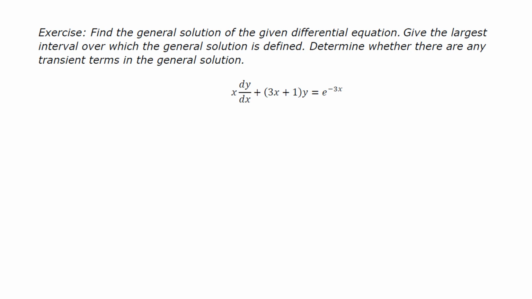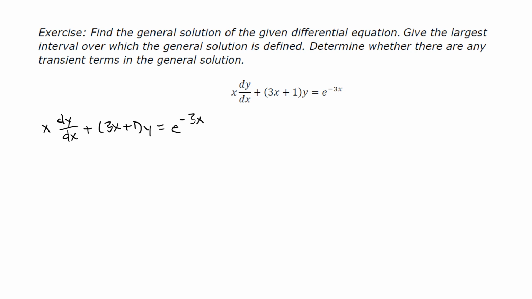So the first thing that we're going to do is write our problem in standard form.